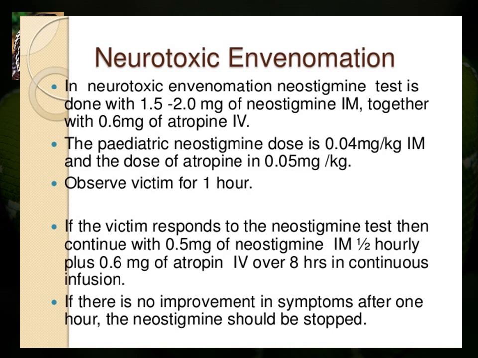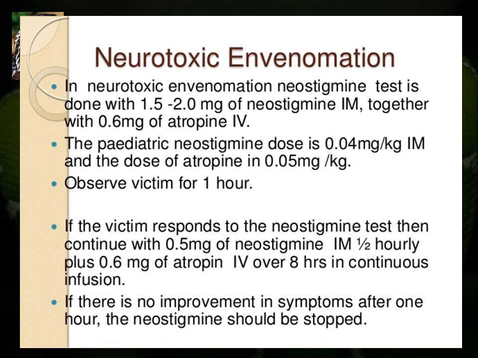Now, apart from the anti-snake venom, especially for neurotoxic envenomations, we will have to administer another medicine to counteract the neurological manifestations of the neurotoxic snakes, that is the Elapid group, the cobra and the krait.